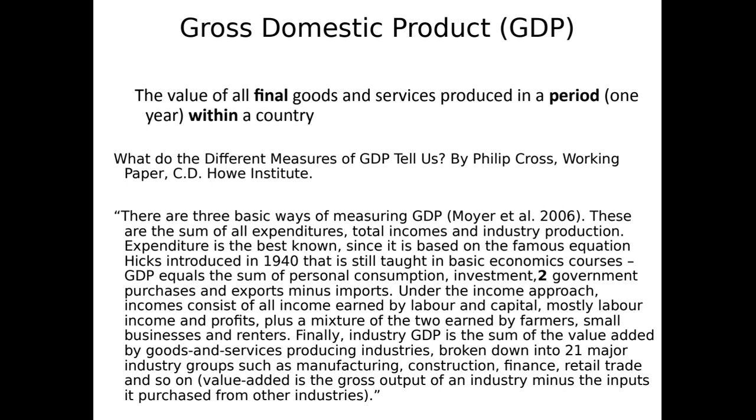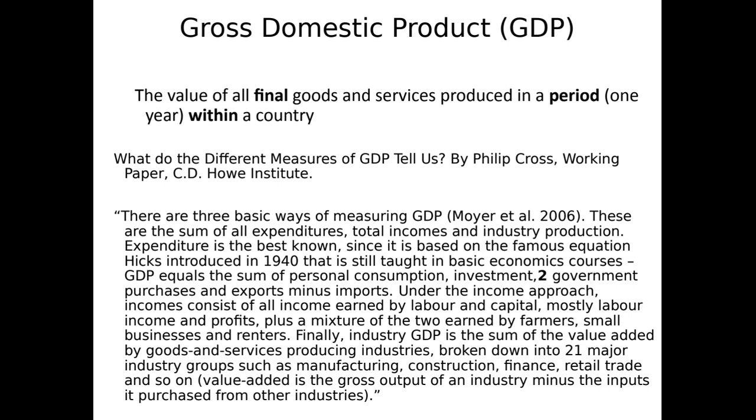So if we add all value added of all goods and services producing industries, I will get the value of GDP. So these are three different methods: expenditure approach, income approach, and value added approach. But we will discuss only expenditure and income approach.